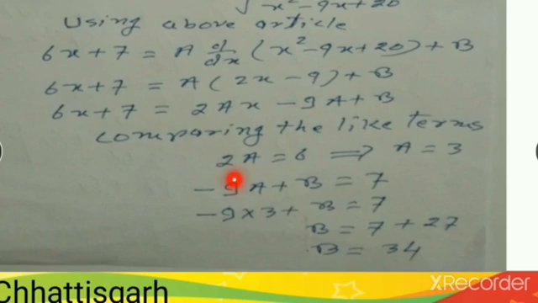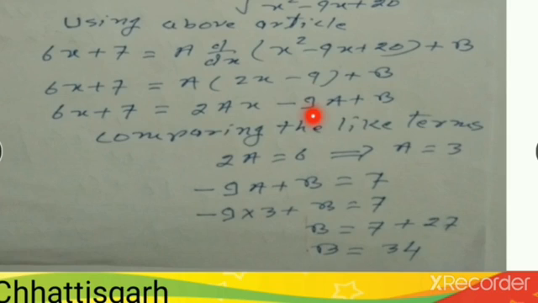Comparing the like terms, we can write 2a is equal to 6. You see that this is 2a, this is x, the coefficient of x is 6. Means 2a is equal to 6, hence a is equal to 3.